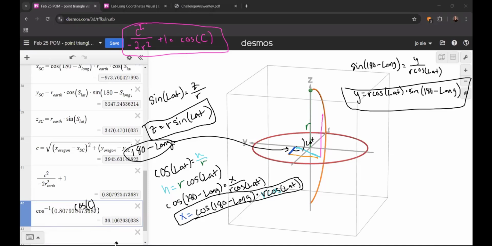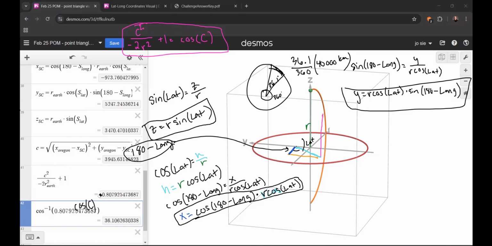Now thinking back to the orange, what that tells me is I've got some circle, I've got an angle of 36.1 degrees out of the full 360. So the fraction of the Earth's circumference that I've traveled so far is 36.1 out of 360. And I'm going to multiply that by the Earth's circumference, which is about 40,000 kilometers.